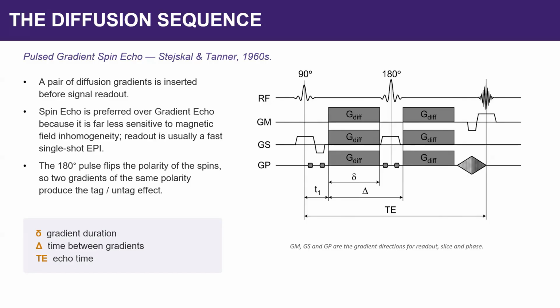The first gradient gives you the phase, and the second gradient is in the opposite direction. They evaluate the difference of movement. When you have restricted movement, it will be zero signal because the gradients cancel the phase. And if you have a molecule that moves freely, it will have a different value, not zero. Yeah, this is the main point of diffusion.